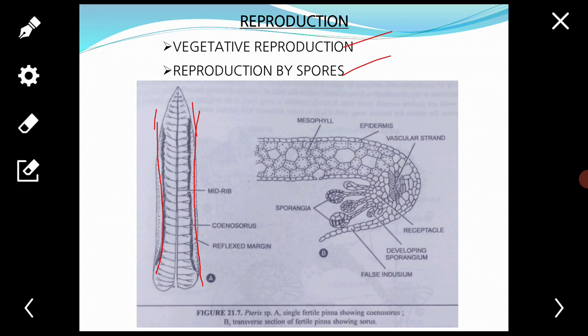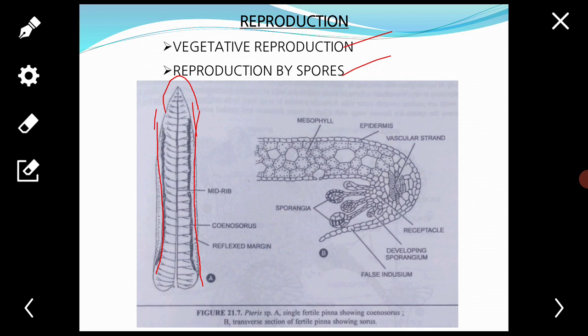This type of sorus is called continuous linear sorus or coenosorus. The coenosorus is borne on the marginal connecting vein of the pinnule. It is lacking at the apexes of the pinnules.